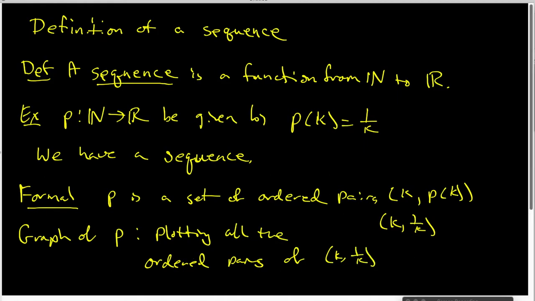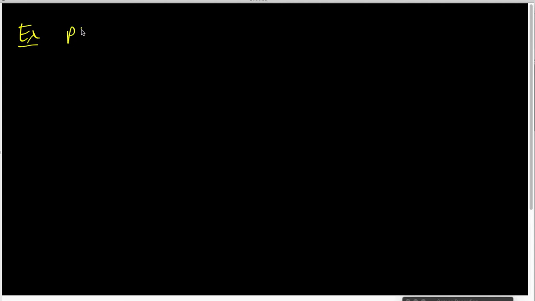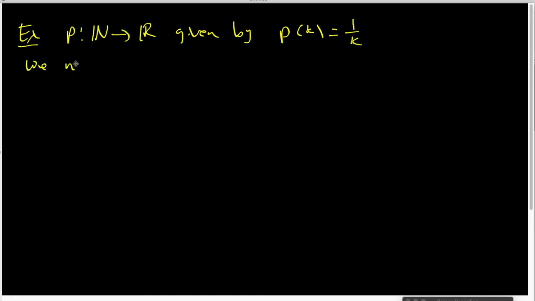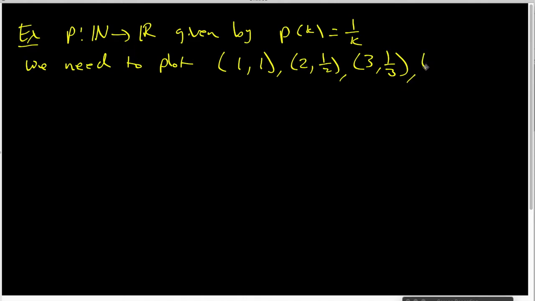So in our particular example, remember, p goes from n to the real numbers and is given by p of k is equal to 1 over k. We need to plot 1 comma 1, 2 comma 1 half, 3 comma 1 third, 4 comma 1 fourth, and so on.